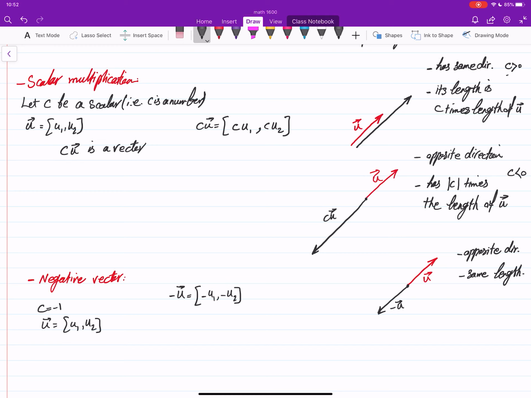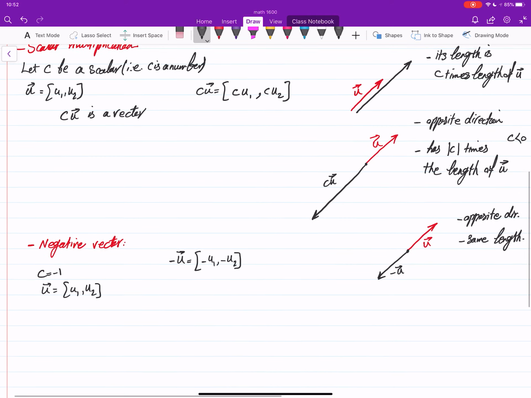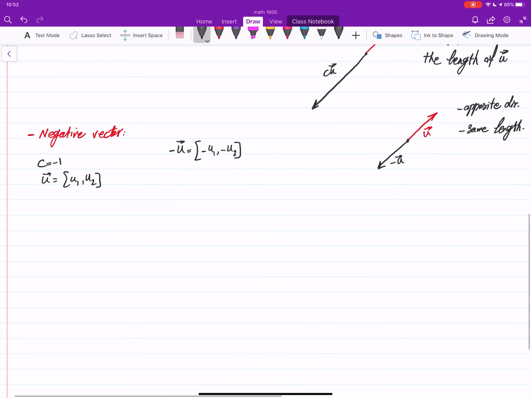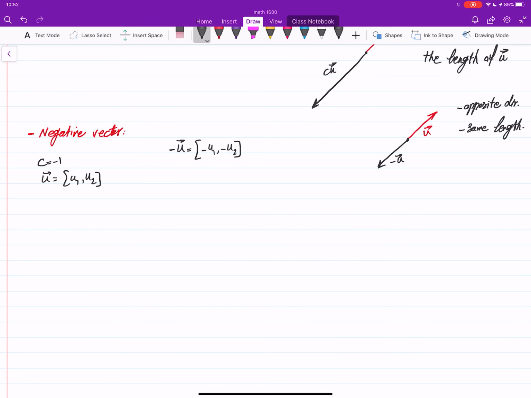And well, when you have the negative vector, you can use that and define vector subtraction. So we have two vectors, u and v.